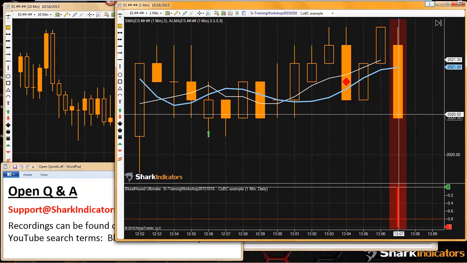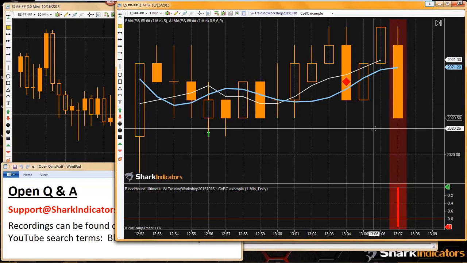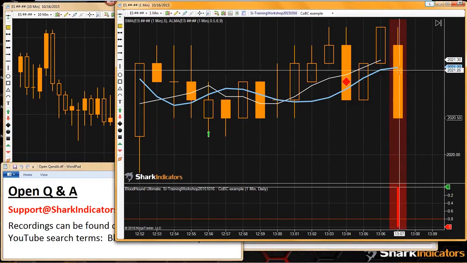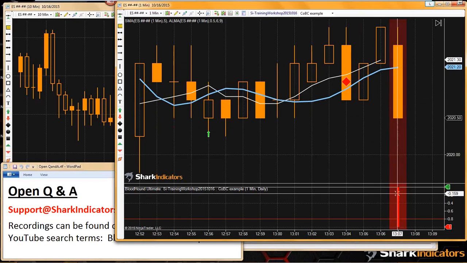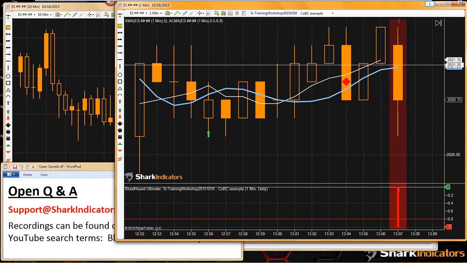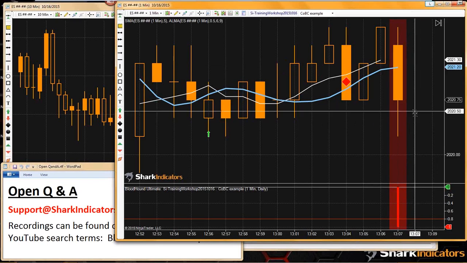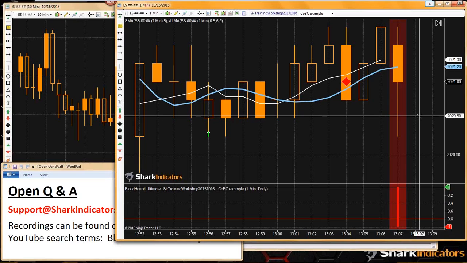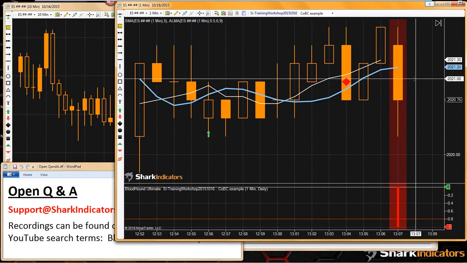It doesn't look like price is going to move up enough to show us that the short signal would go away if price moved above that ALMA indicator. Who knows? Maybe price might move up enough to do that for us.